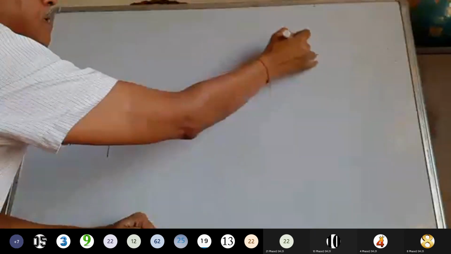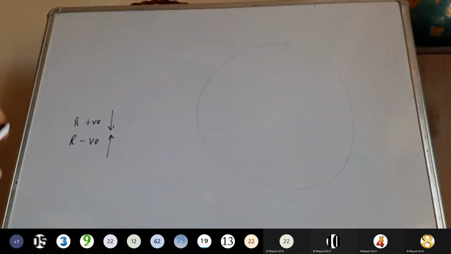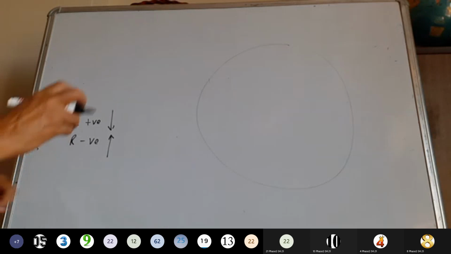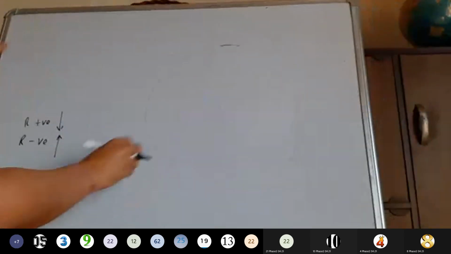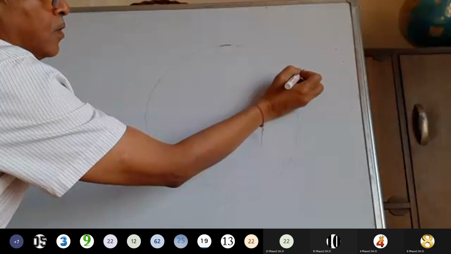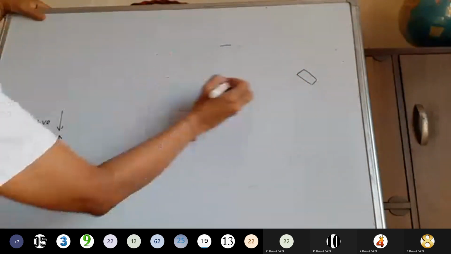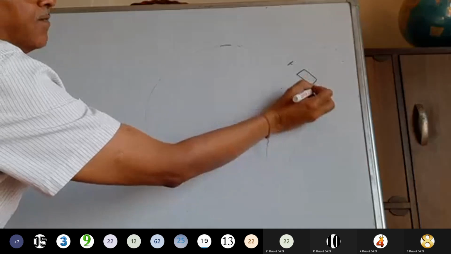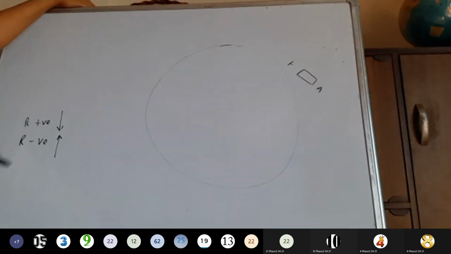Let us say this is the Earth. Okay, so let us say your ship is being built in the northern hemisphere. This is the forward and this is the aft of the ship, and the ship is heading in this direction.